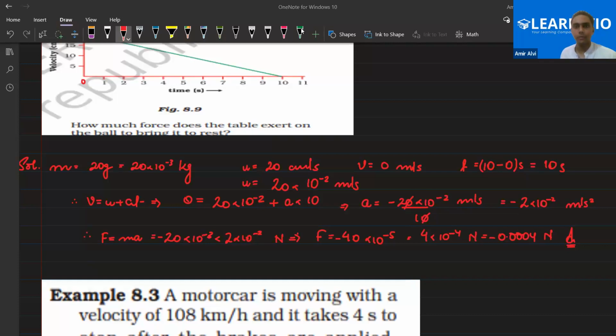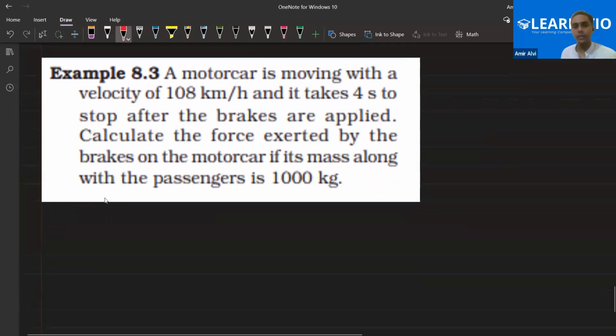Okay, so this is the question. Please do this question. This is also a very good question, not that much good, but yeah, it's NCERT based.